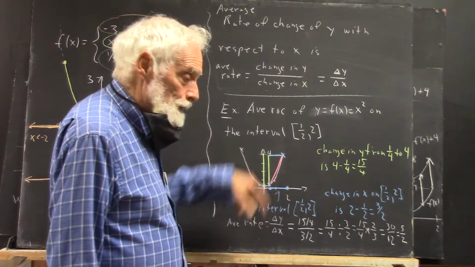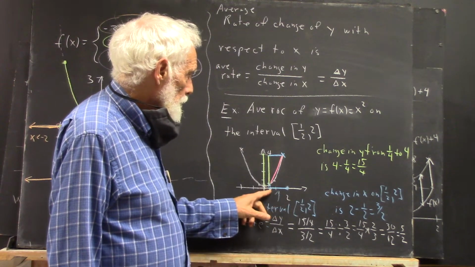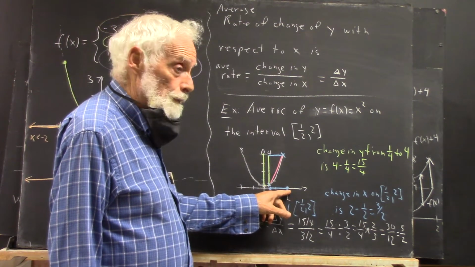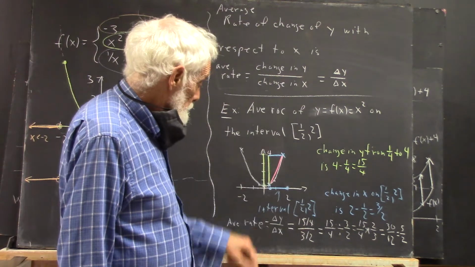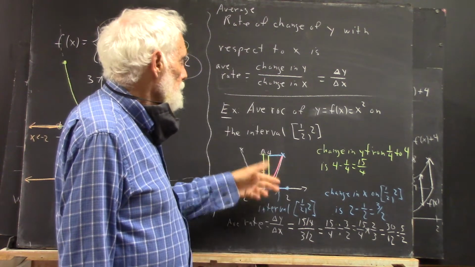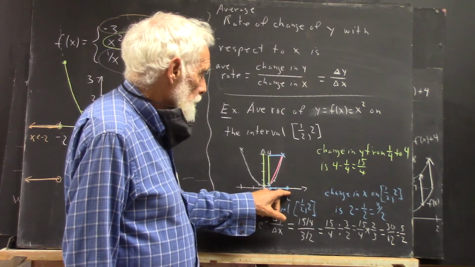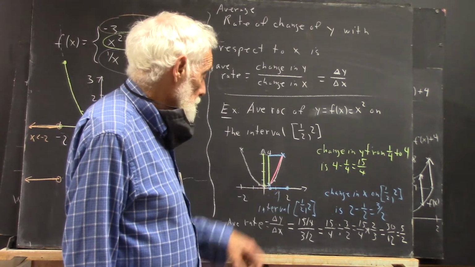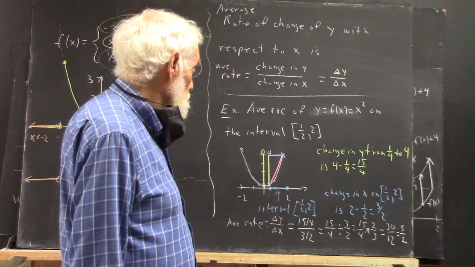Here's 1/2, here's 1, here's 2. A dot here and a dot here because it's a closed interval, and everything in between. So x values can be thought of as changing from 1/2 to 2.